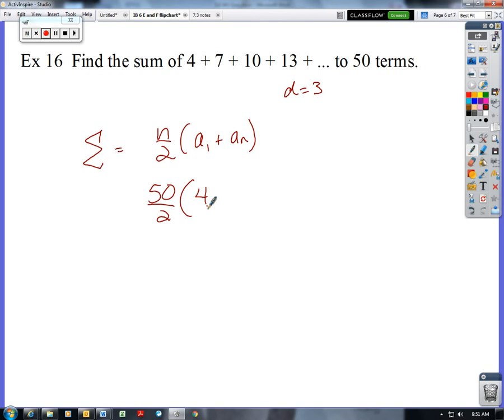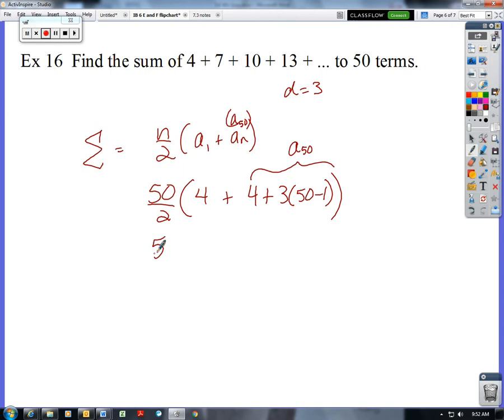And we need to find the last one. So you could use that alternate formula there, or you could just find it. So we know the last term is the first one plus d times n minus 1, which is 50 minus 1, because we're trying to find the 50th term. So this part right here will give me a sub 50. I could have written that there too. That's a sub 50, by the way.